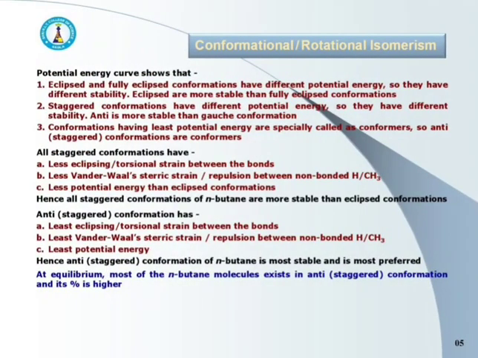The potential energy curve shows that eclipsed and fully eclipsed conformations have different potential energy, and so they have different stability.